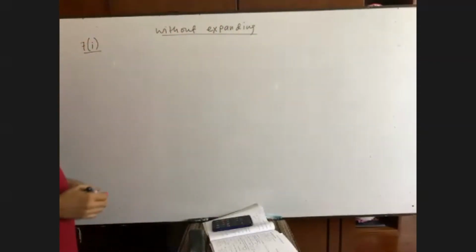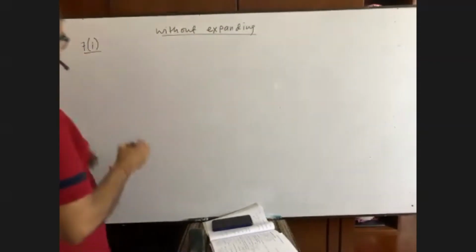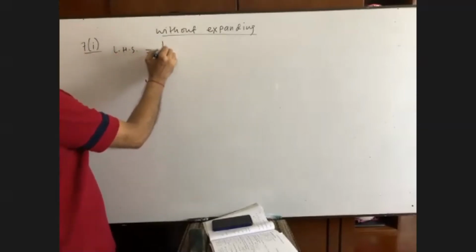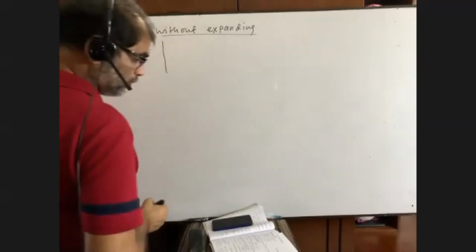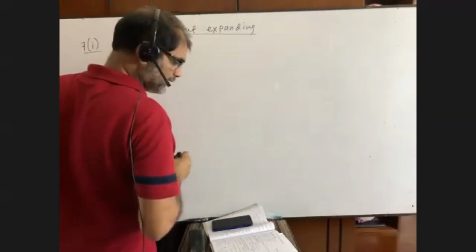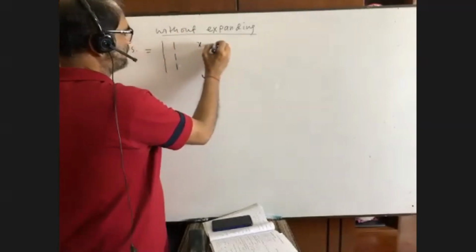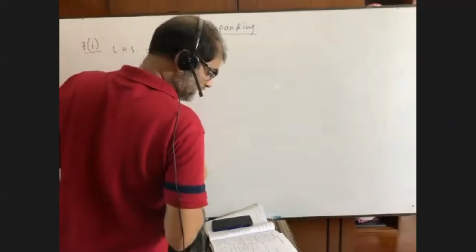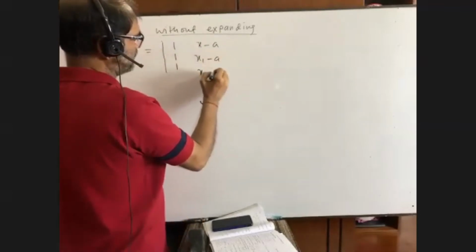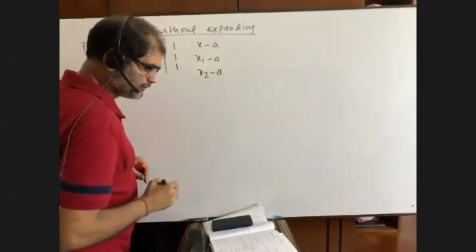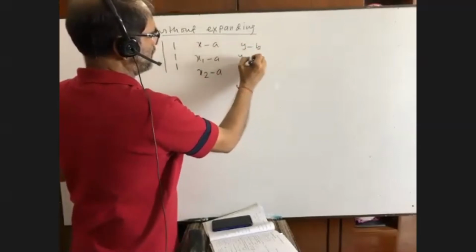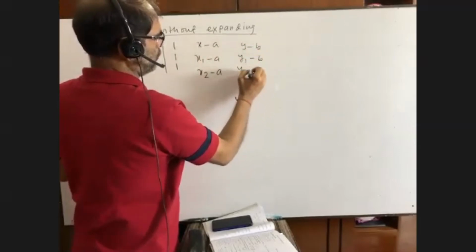That means your left hand side is, I am going to show what is expanding and what is not expanding. 1, 1, 1, 1, 1, 1, x minus a, x1 minus a, x2 minus a. Okay, y minus b, y1 minus b, y2 minus b.